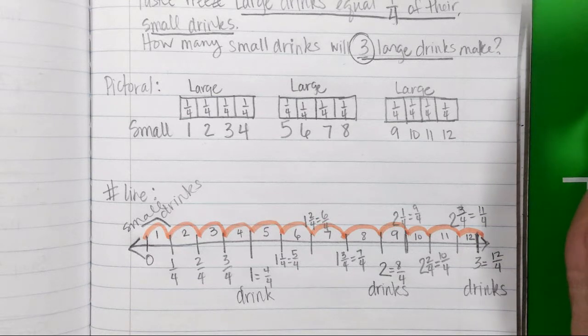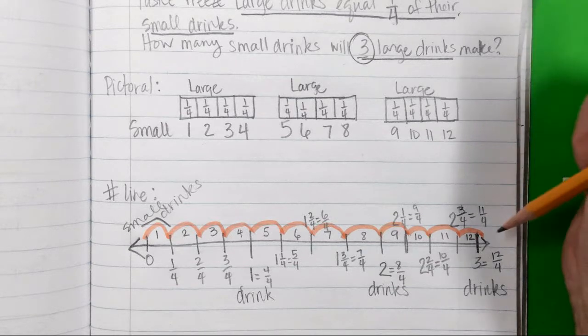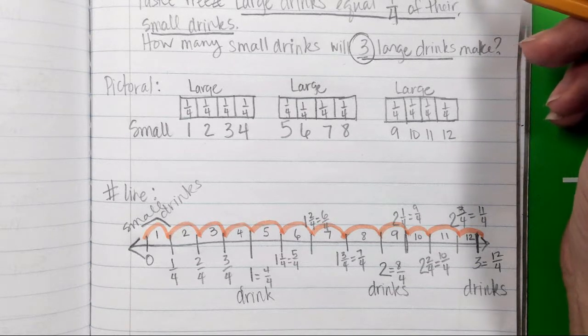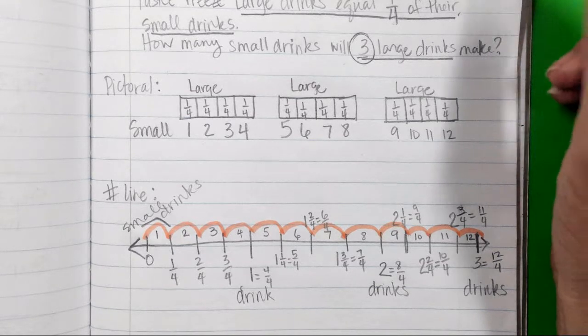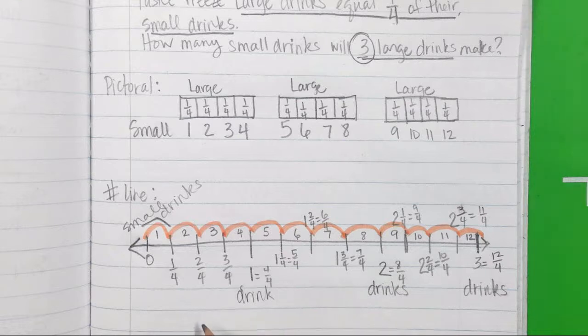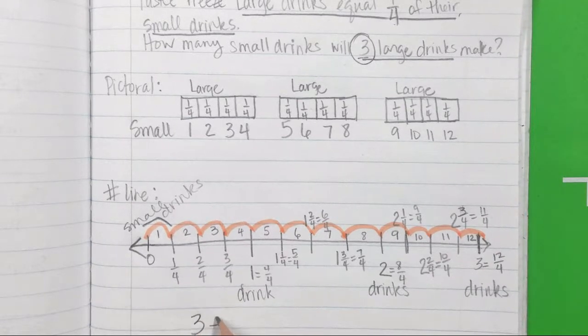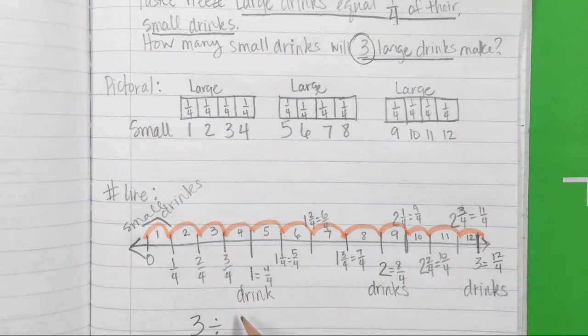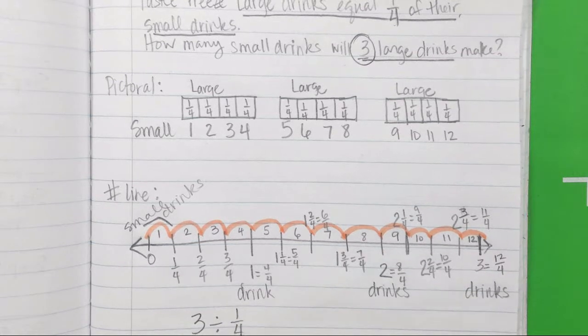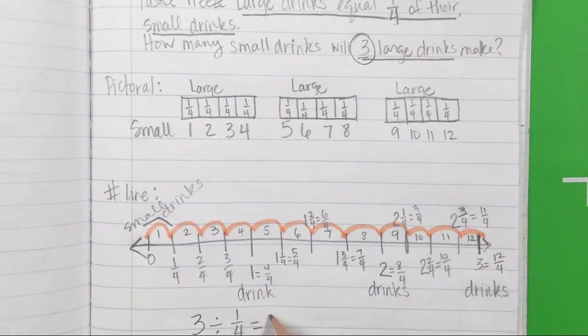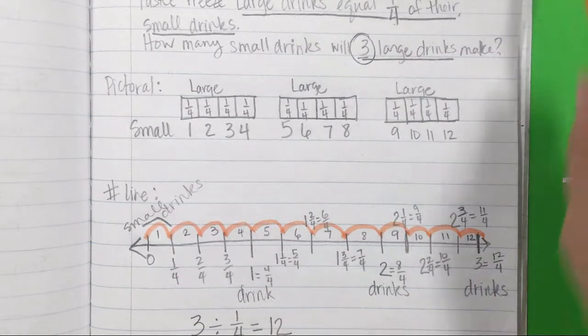But I find it kind of interesting that in this division problem, our number is bigger. Isn't that interesting? So, our problem here is 3 divided by 1/4, and that equals 12.